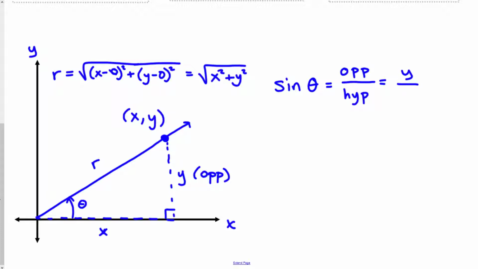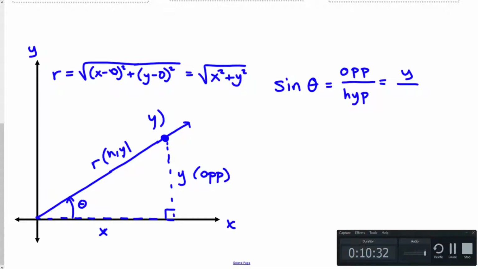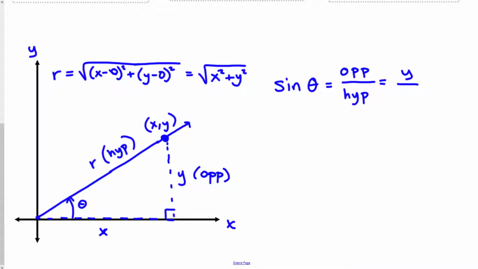The hypotenuse is right here, which means I have y over r.